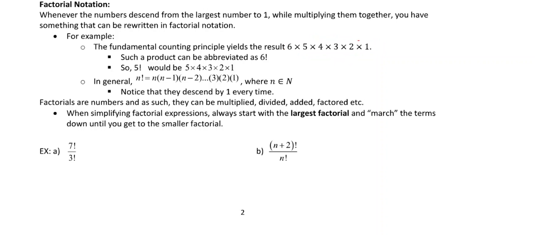Now, in general, this is how we can write factorial notation with any number. This is just a variable n, saying the same thing as above, but as a general expression.